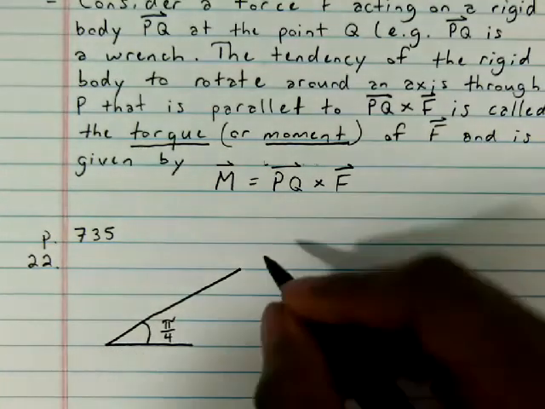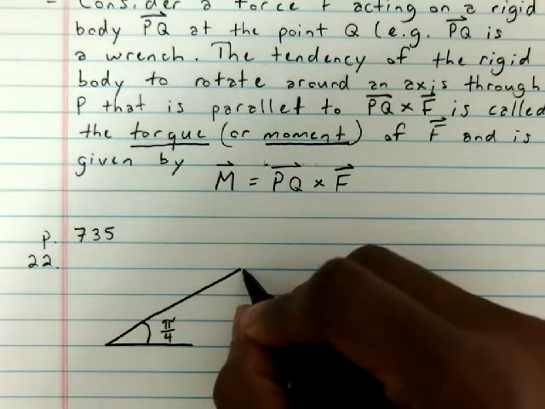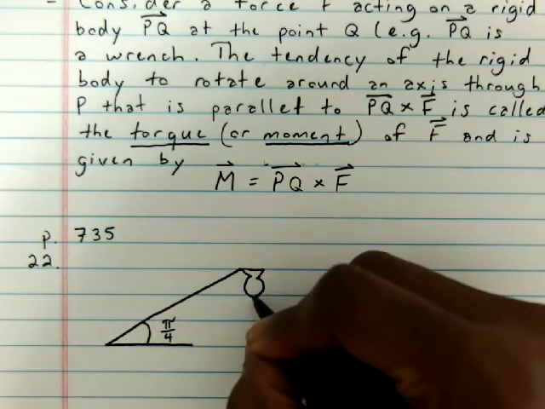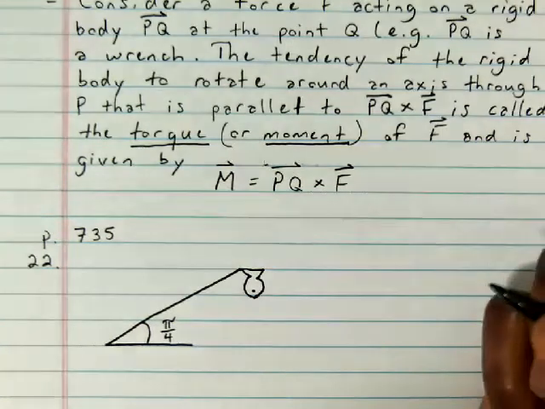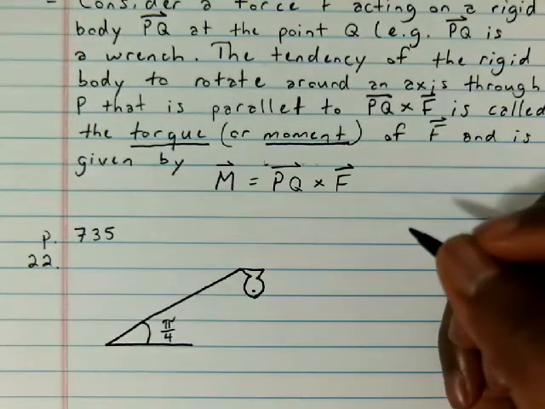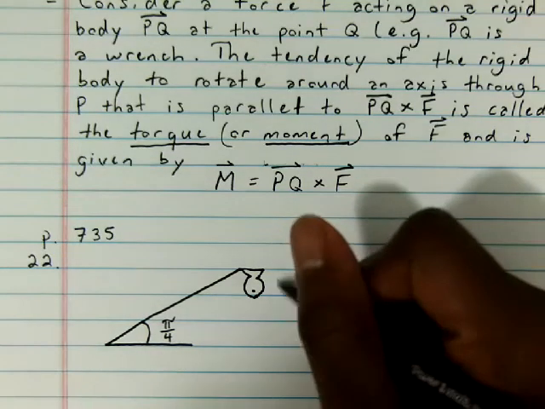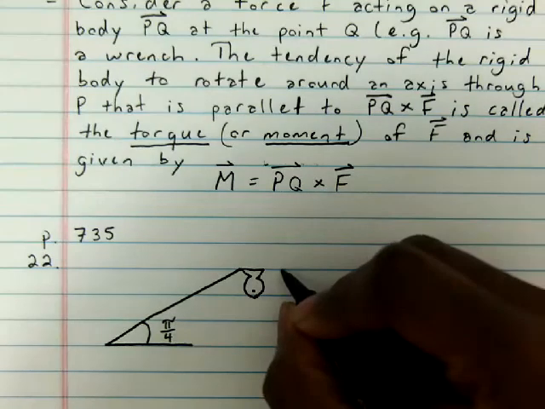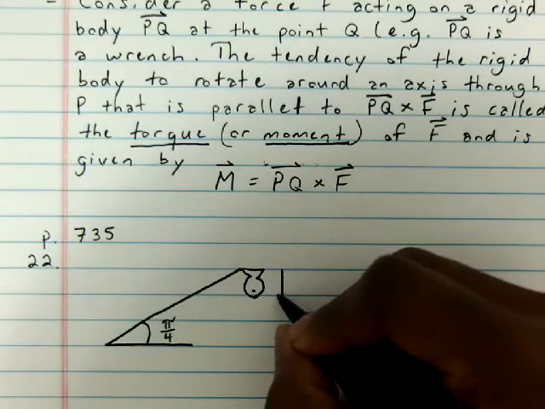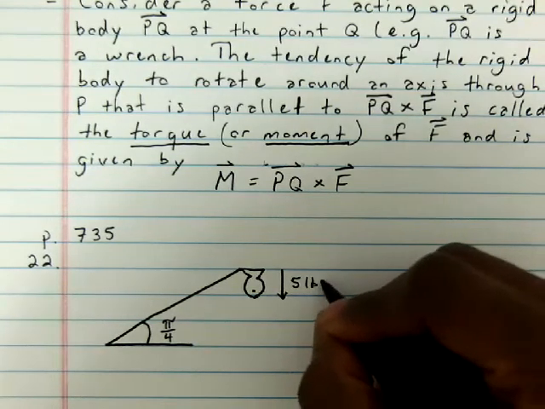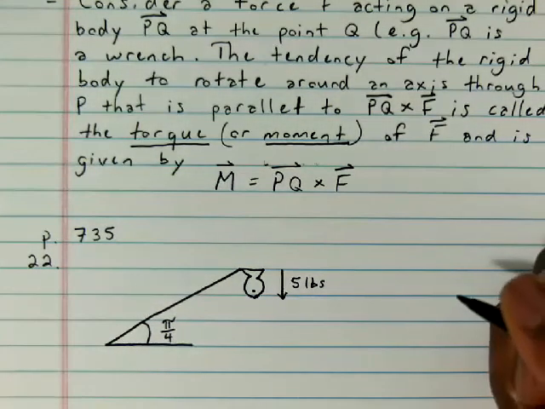Then the fish is up here, and it's a 5-pound fish. Remember I mentioned earlier in the course that whenever you see pounds, that is a force. So we have a force moving in the downward direction, and we'll draw a little arrow and put 5 pounds right there.